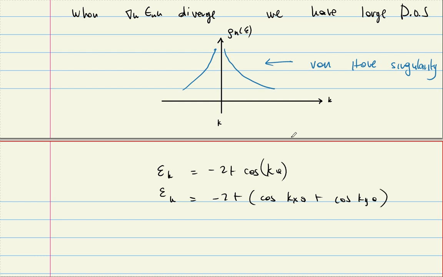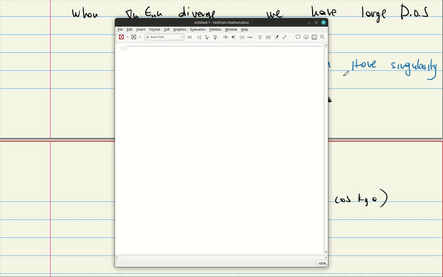At the moment, you don't have to worry about this. We can say that this is given to us. Let's see how this van Hove singularity looks. To do that, it is actually very simple. Let me take this as a phenomenological constant, some t. We are going to talk a lot about these things later. And this is the lattice spacing a.